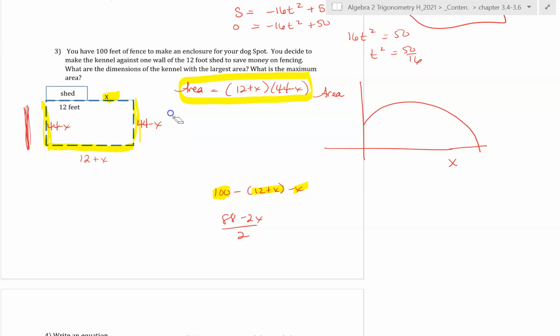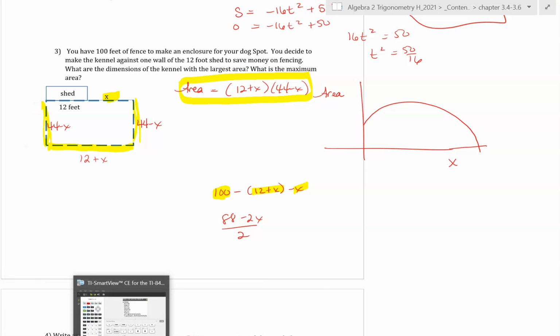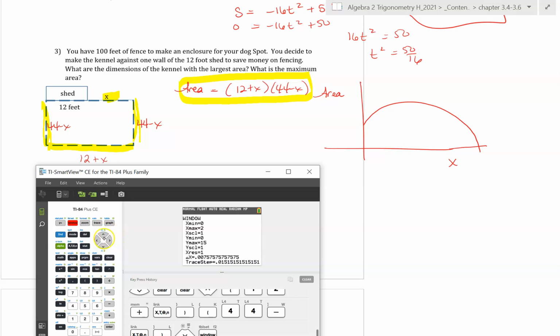So when we look at our calculator now, we could see if that works out, 0 to 25. And then for our y values, that's our area. So if x, for example, was 25, you would have approximately 37 times approximately 20.